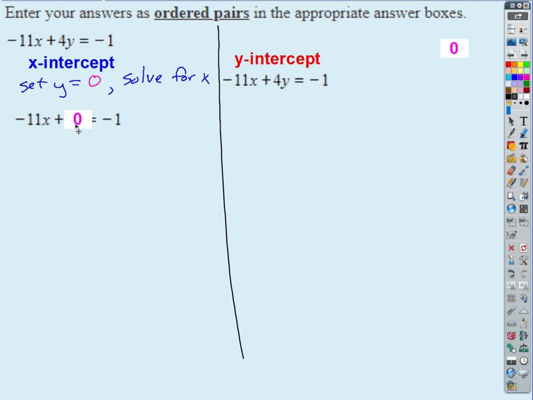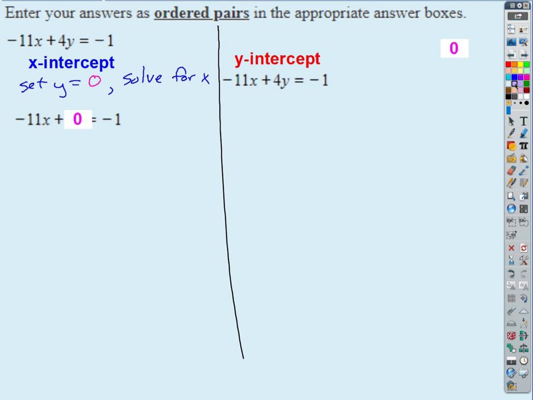It's easy. What's the only step to solve for x there? Divide by negative 11. Say it again. Divide by negative 11, right? It's one simple step, and I solve for x. So that gives me my x-intercept. I set y equal to 0 in the equation and solve for x, and I'm always getting the x-intercept, right?